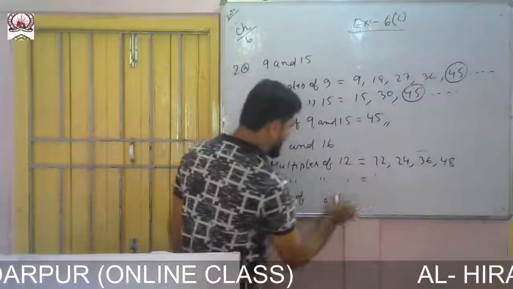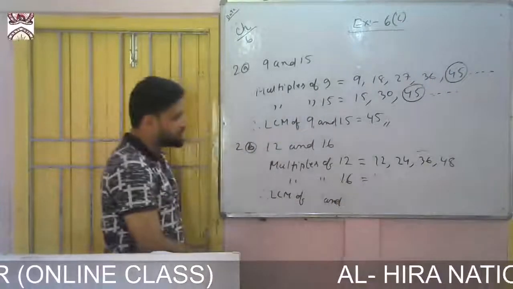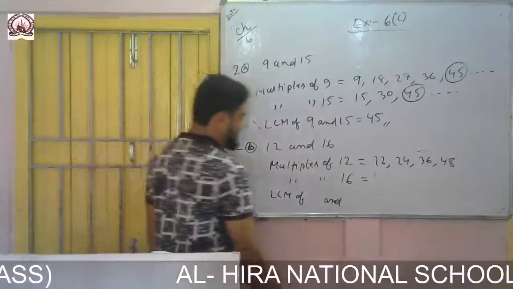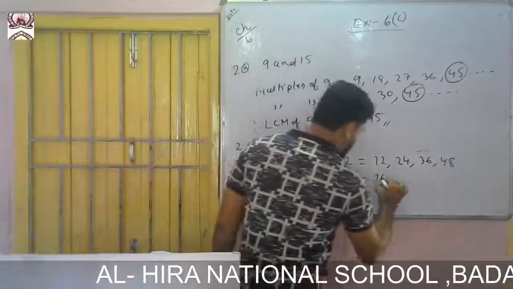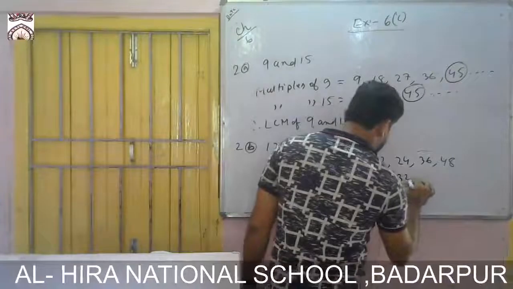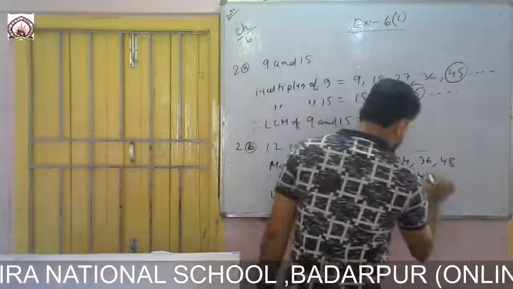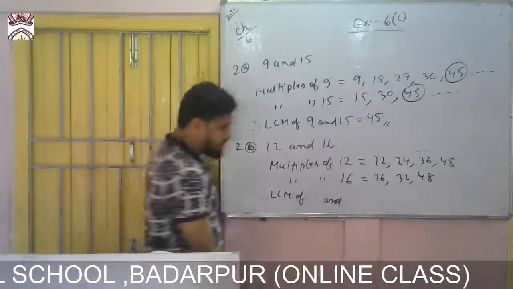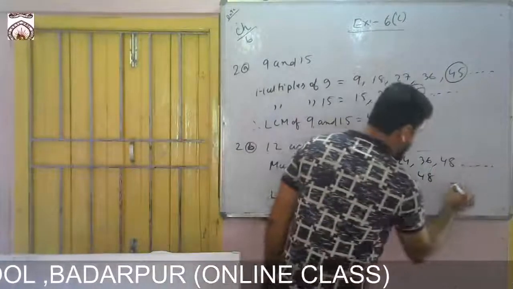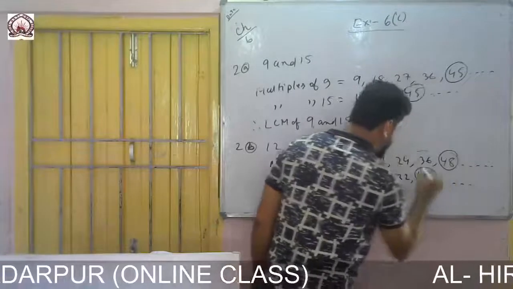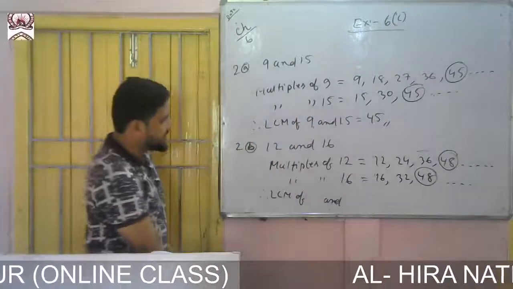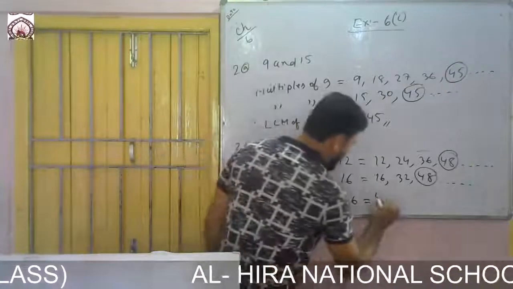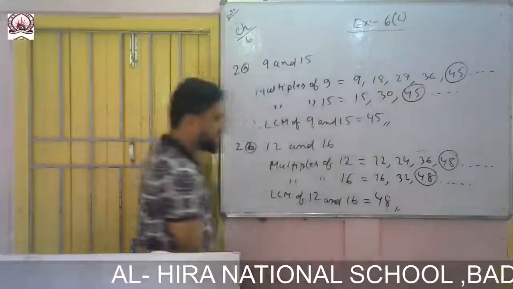So 12 1 are 12, 12 2 are 24, 12 3 are 36, 12 4 are 48, 16 1 are 16, 32. Okay. So no need of going more. Here we got 48 and 48. So LCM of 12 and 16 will be 48. Okay, that is the answer.